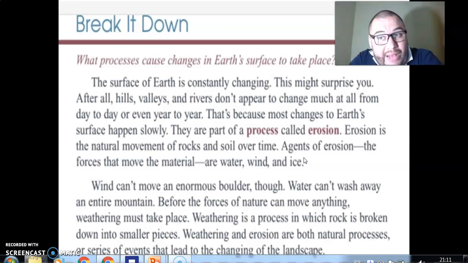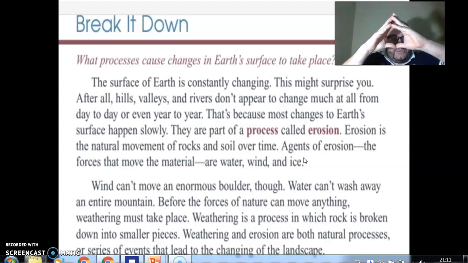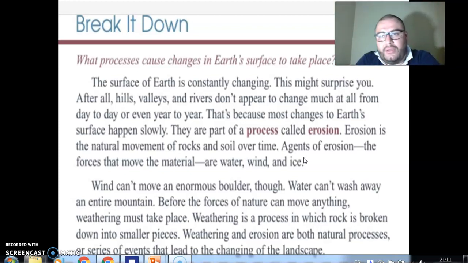For example, September and October are months when it is raining a lot, and too much rainfall or water on the soil causes erosion. For that reason you're going to see some houses or homes go down, right? Or some mountains or hills go down.